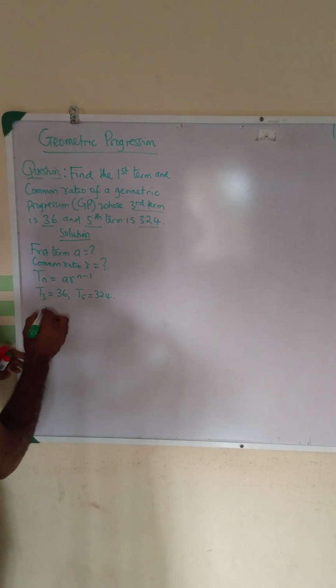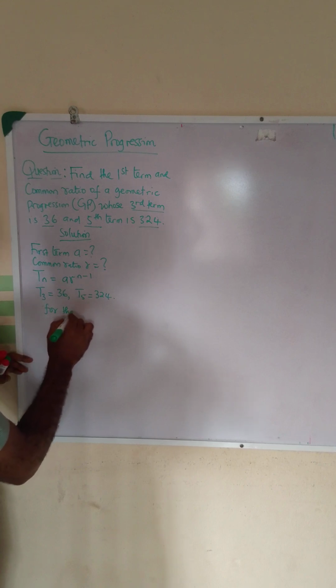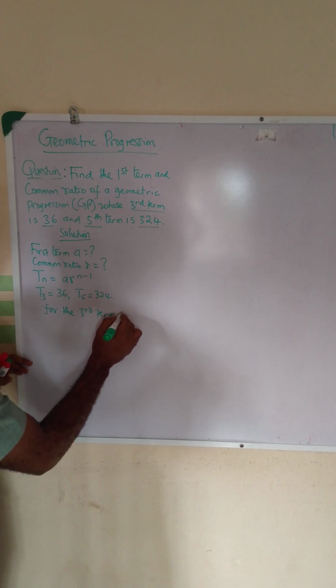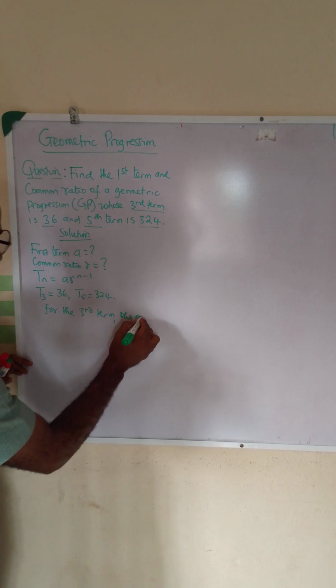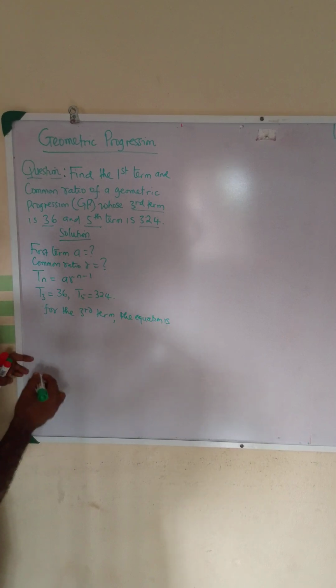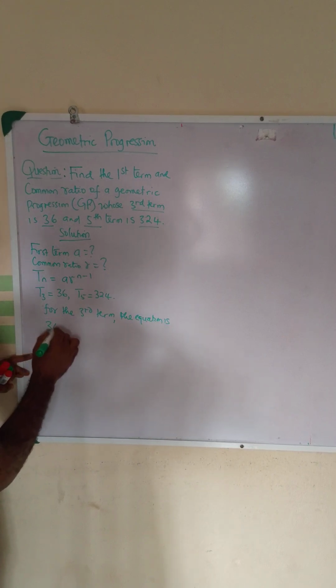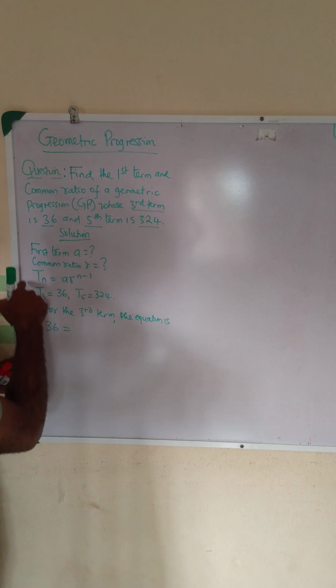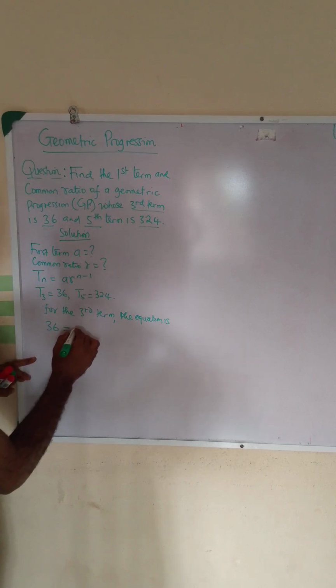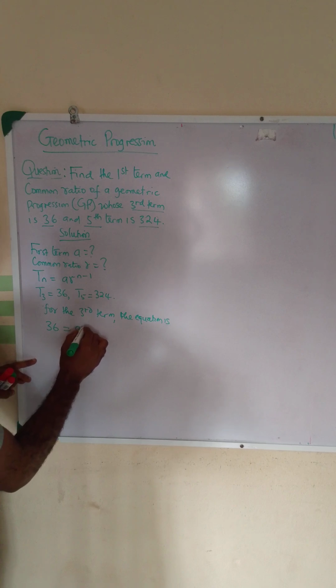That is for the third term. The equation is: 36, from our question, equals A R raised to n minus 1.